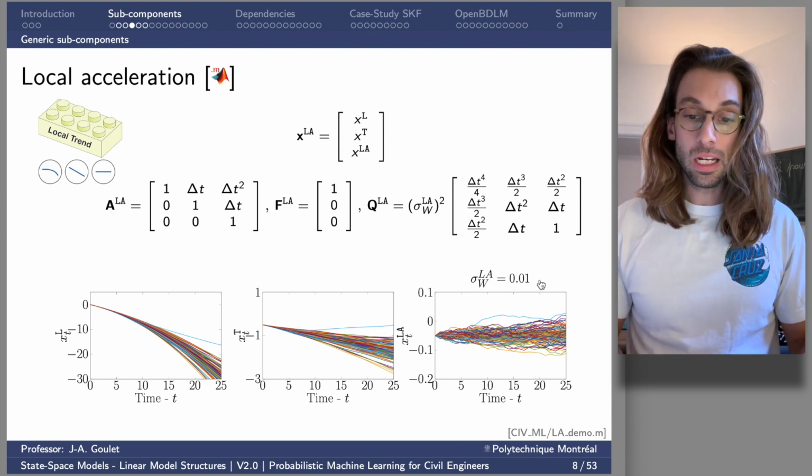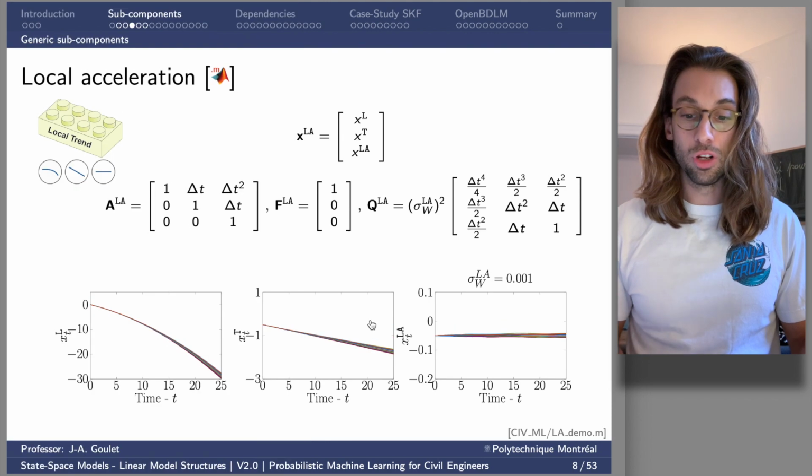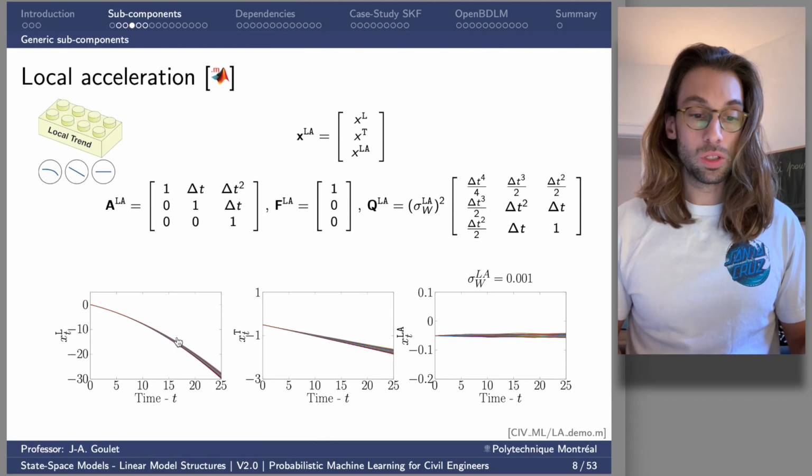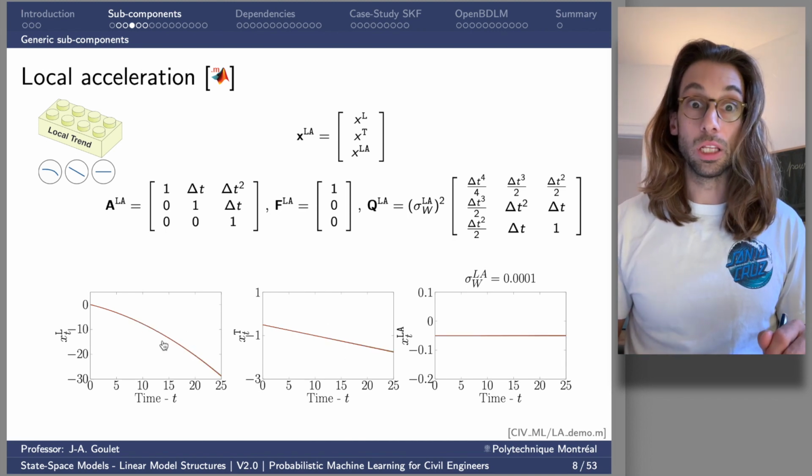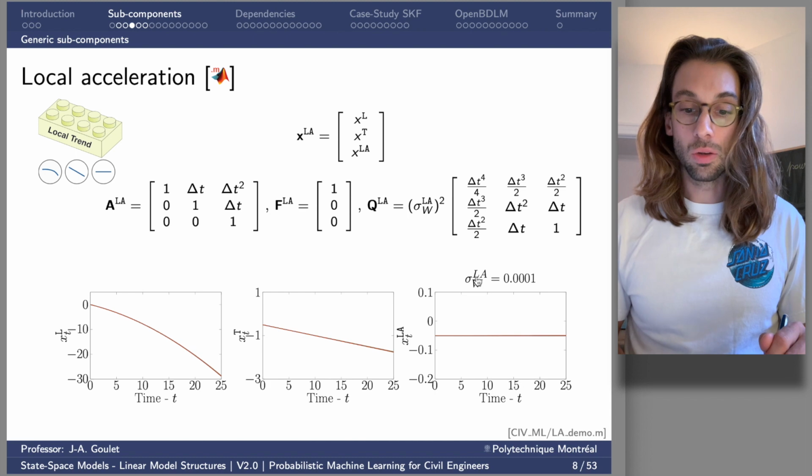So depending on the magnitude of that error, it can lead to large variation here, which will lead to large variation in the trend, large variation in the level. If I reduce this, it's going to reduce the uncertainty in both. If I put it to 0, these things will be completely constant. Okay, so if that goes to 0, the acceleration is going to be constant.